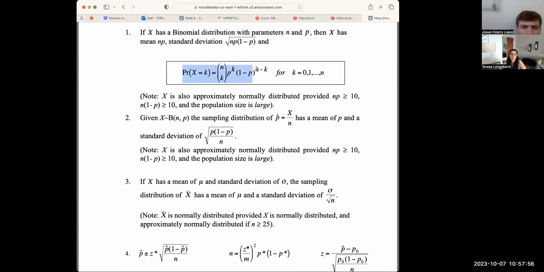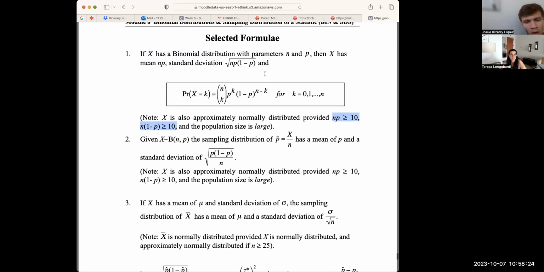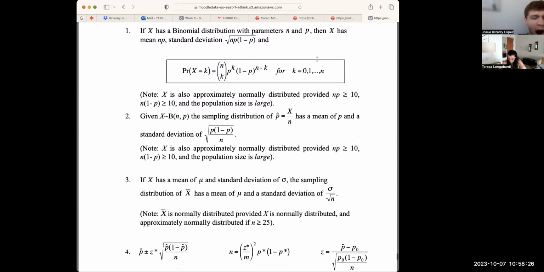And then this is the binomial formula for each K. And then I start talking about this distribution being approximately normal under certain conditions, and that's what I talk about in the SDS section of module 8. So that's how you would solve that.